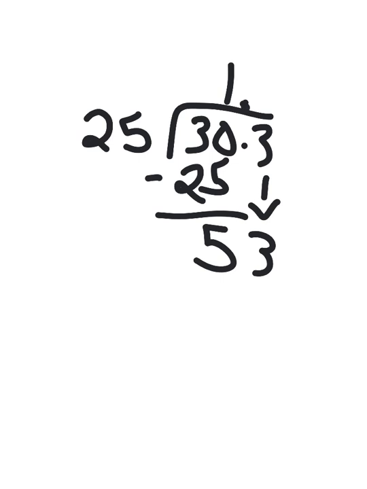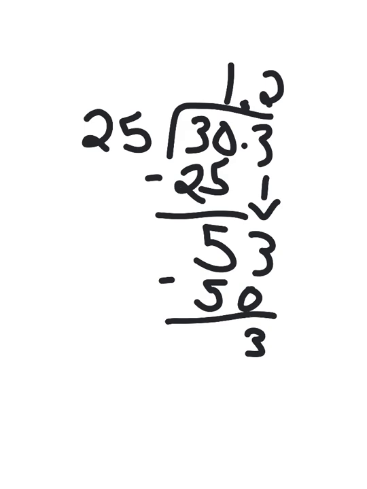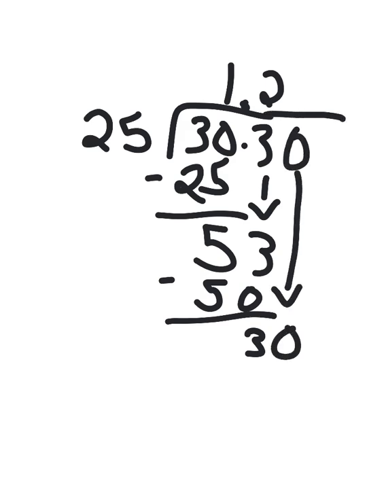So 25 goes into 53 twice. That's 50. Subtract and get 3. Then you're going to have to add a 0 on here. Bring that down to 30. 25 goes into 30 once. So that's 25. You subtract and you get 5.